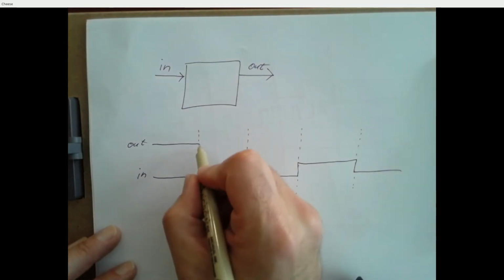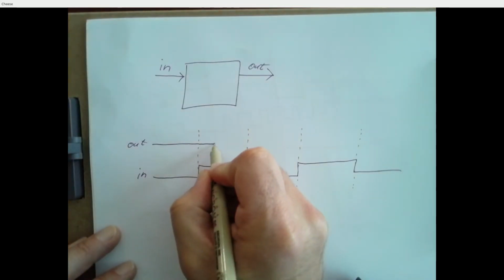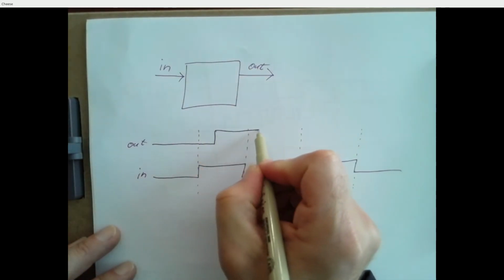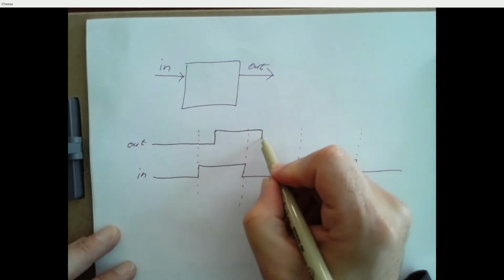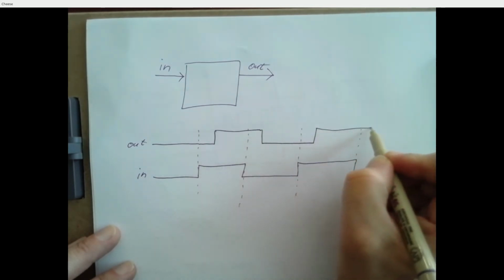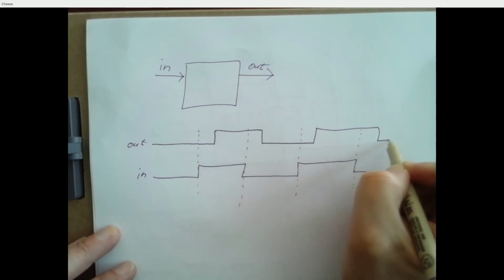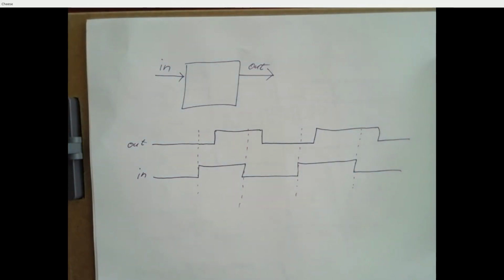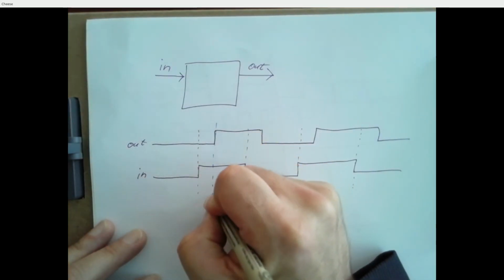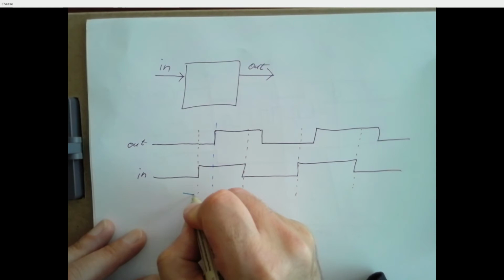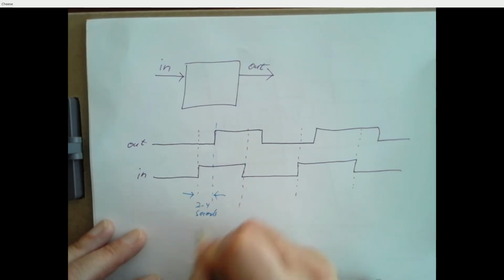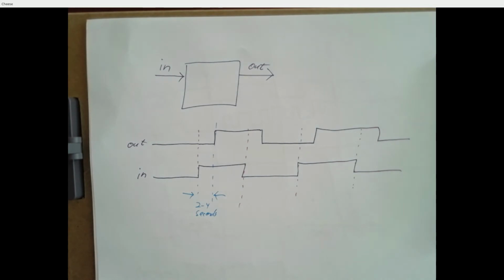So your input goes high, and let's say 2 seconds later, your output goes high. And your input goes low, and 2 seconds later, your output goes low. And so this delay here, 2 to 4 seconds. So a noticeable delay.